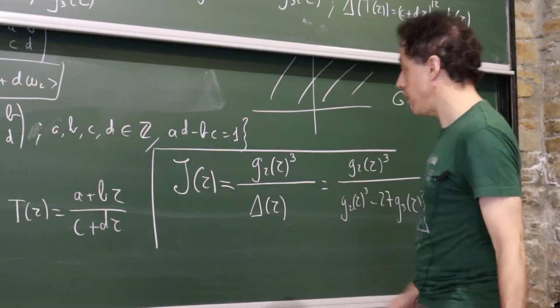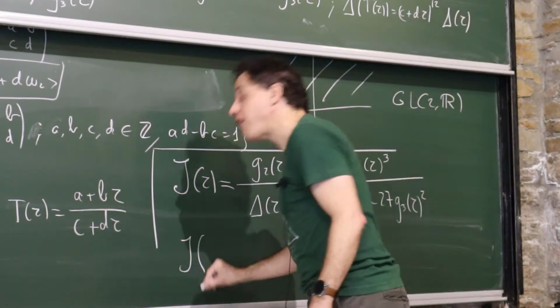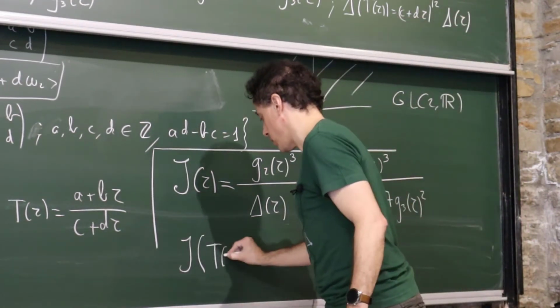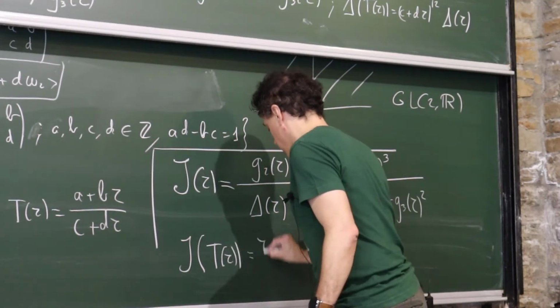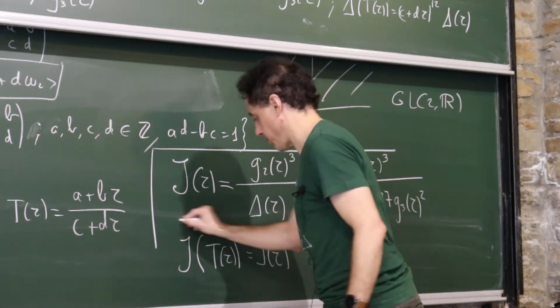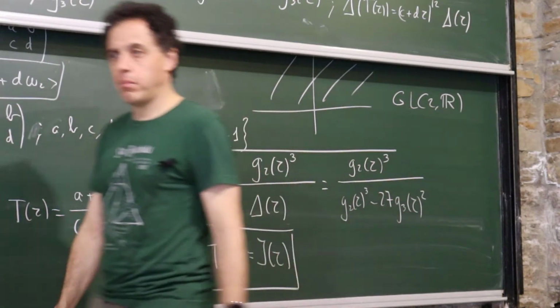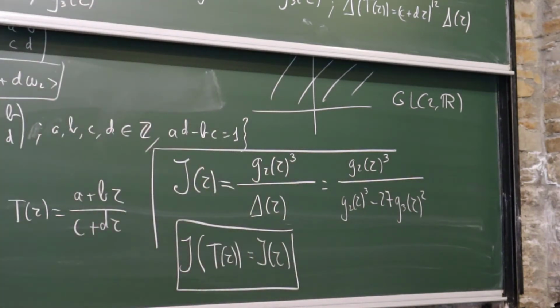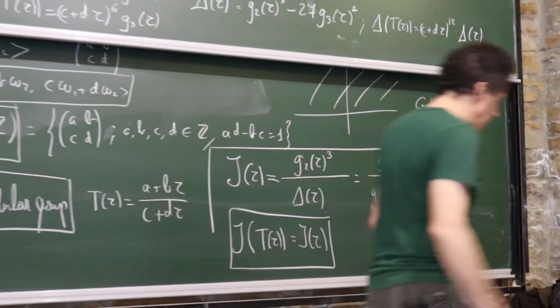This function verifies that it is invariant by these transformations. Okay? It is invariant by this transformation, this function J, due to previous considerations.